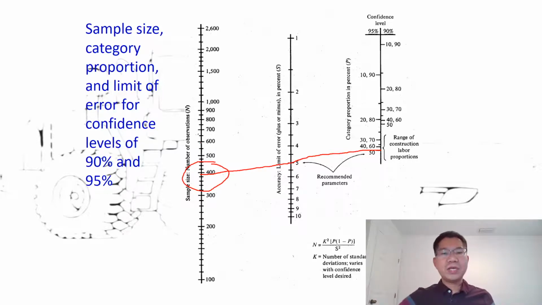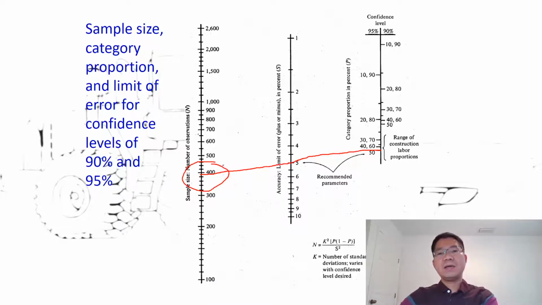So here it's about 384 samples, and you keep that in mind when you do your semester project. We need 845 observations for the field observation when you do productivity rating.